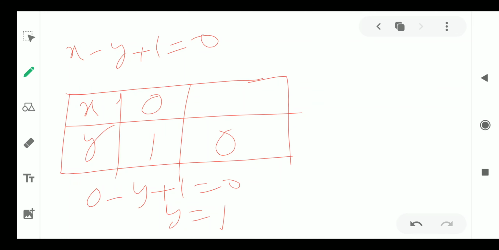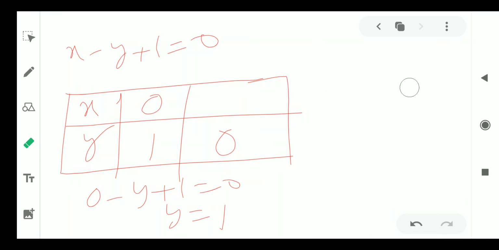Now put y equal to 0. Sorry, I made a mistake here, one minute.